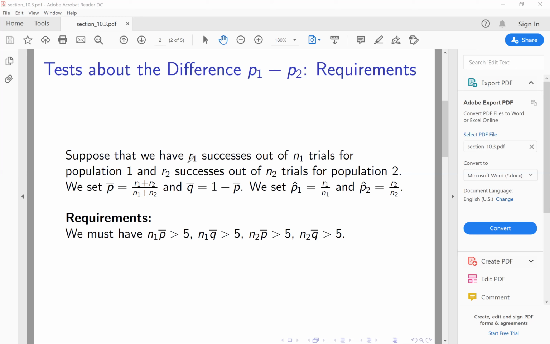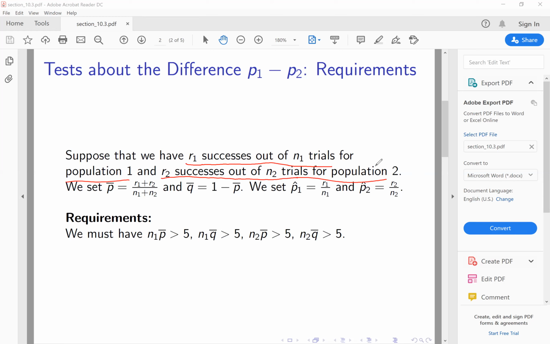In the first population, we're interested in the R1 successes out of N1 trials for population 1. That might be men, and the number of successes might be men who liked avocado toast. R2 is the number of successes in the N2 trials in population 2.